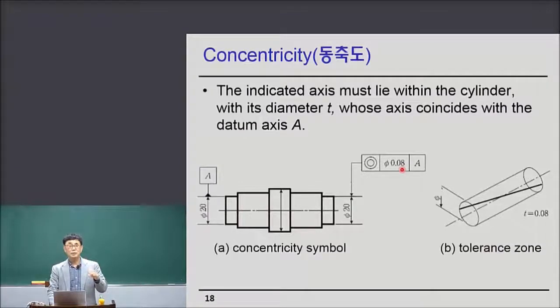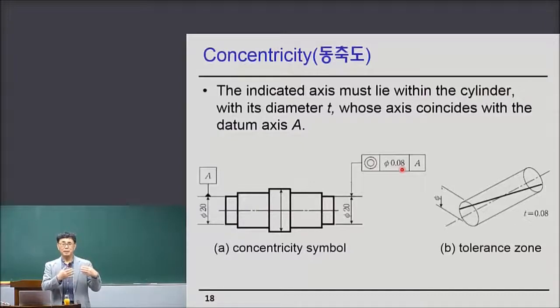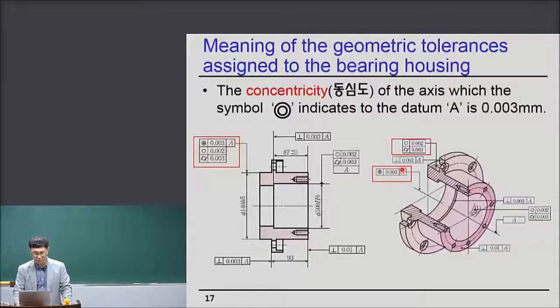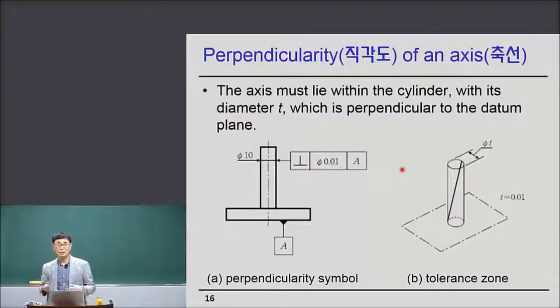The characteristic dimension of all tolerance zones is a distance unit, millimeter. Even perpendicularity is not defined by angle, degree, right?